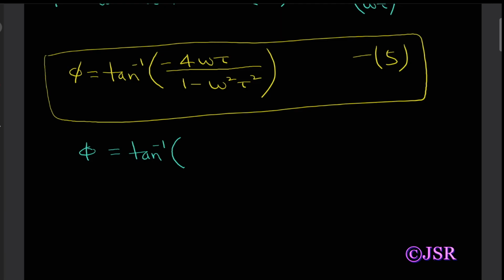So omega tau tends to infinity, and this omega tau also tends to infinity. So we have very large numbers.